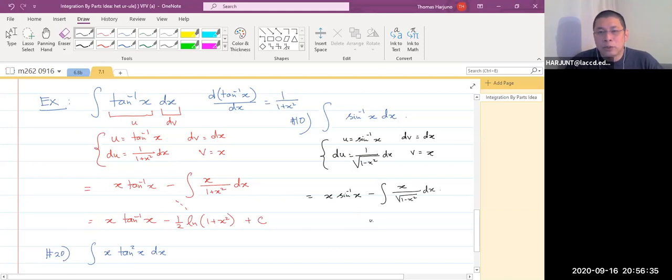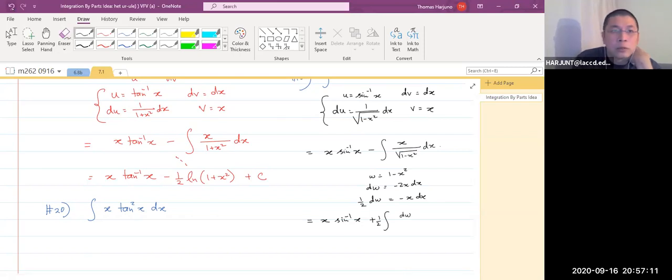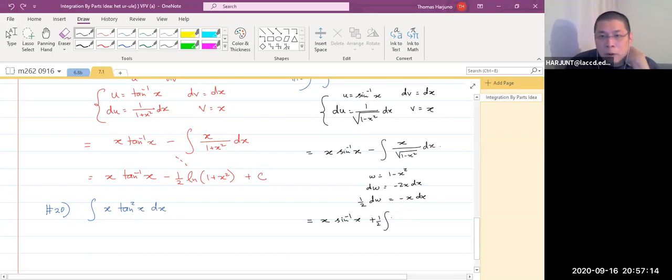Let me do a substitution. w equals 1 minus x squared, so dw is negative 2x dx. So 1/2 dw is negative x dx. So this is x sine inverse x plus integral, and you pull the 1/2 out, that's w to the power of negative 1/2 dw.